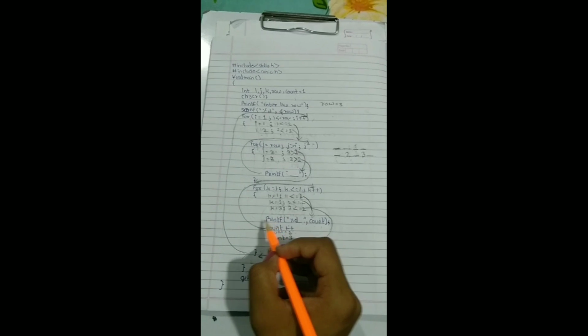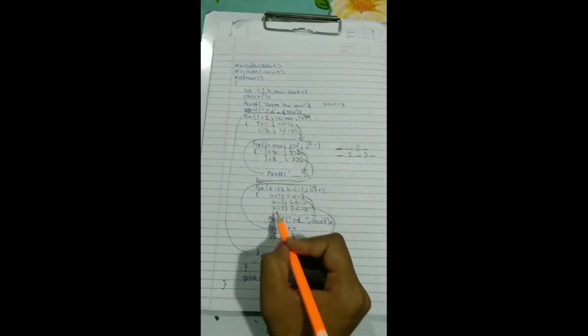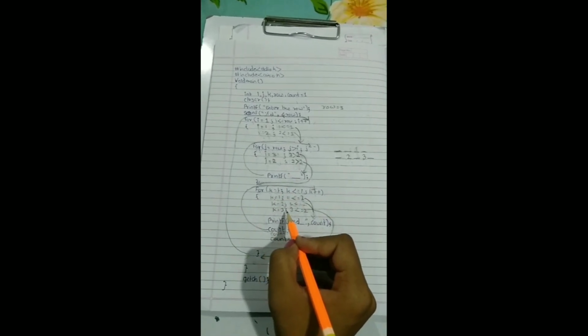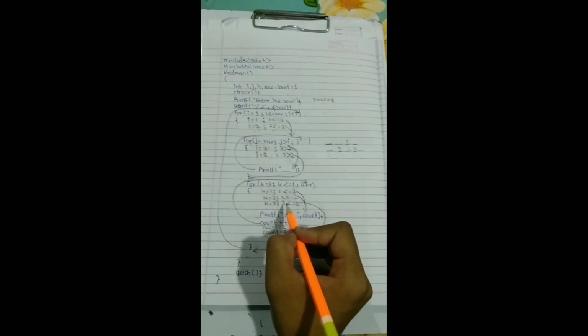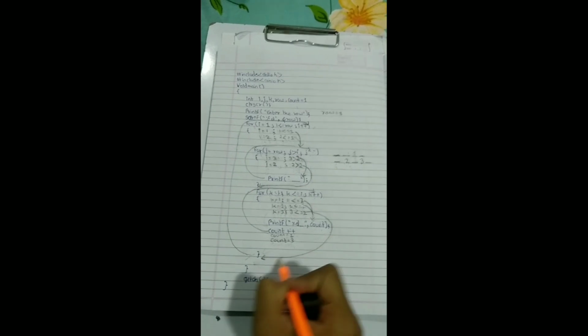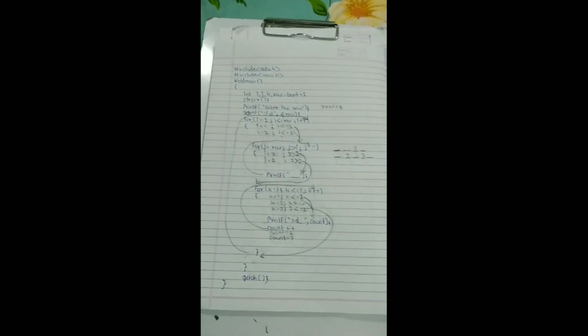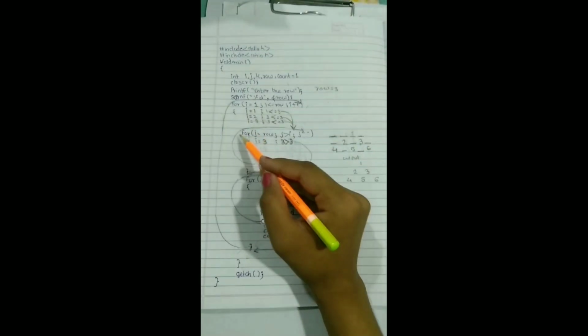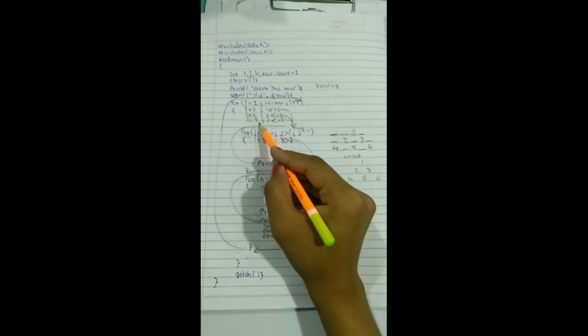Then again the k increment is taken, therefore the value of k becomes 3. Then the condition is checked: 3 less than or equal to 2. As this condition becomes false, it goes outside the loop. i increment is taken, therefore the value of i becomes 3.